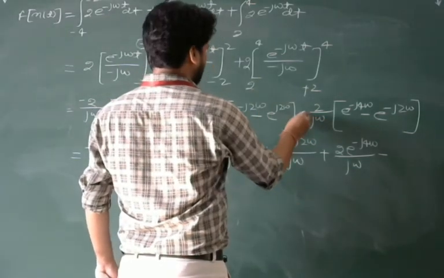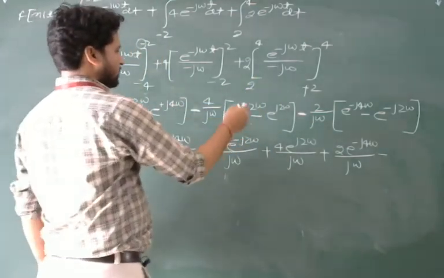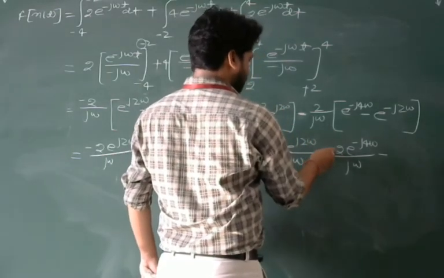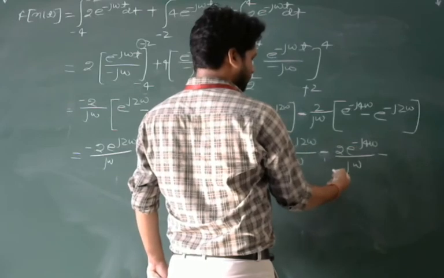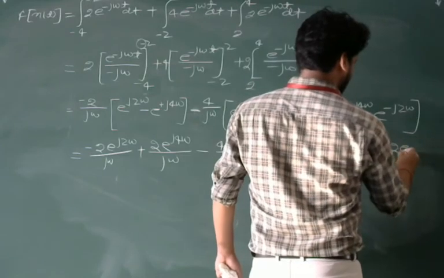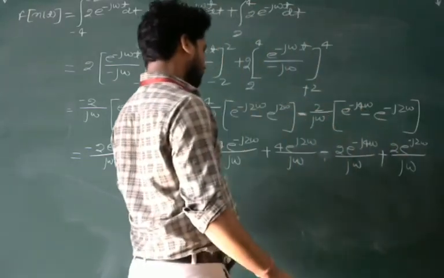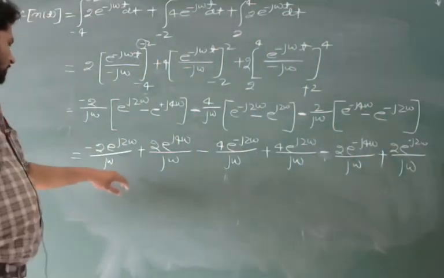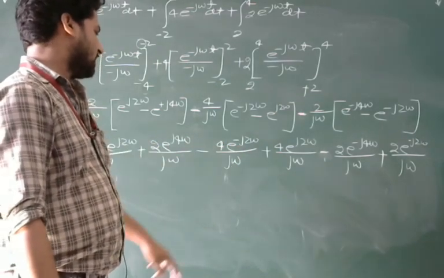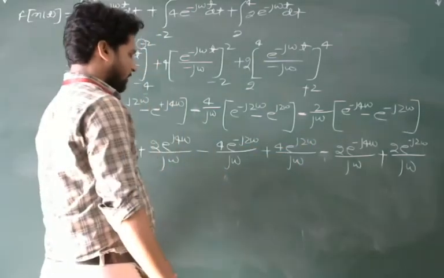What we will get from here, because it is written minus here, so it will become minus 2 by j omega. When I will multiply these two, this will become minus 2 into e power minus j4 omega divided by j omega plus 2 e power minus j2 omega divided by j omega. Now look these two terms, minus e power j2 omega divided by j omega plus 4 e to the power plus j2 omega divided by j omega.